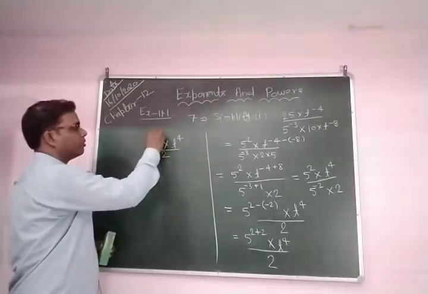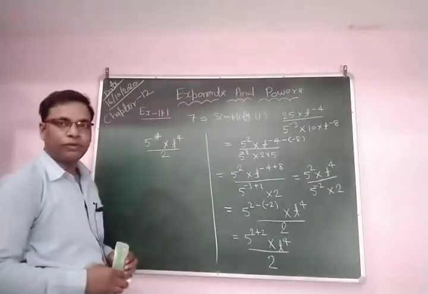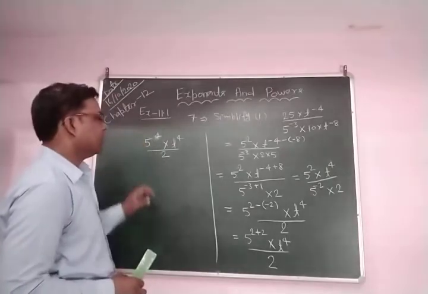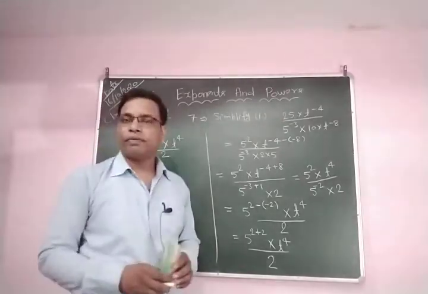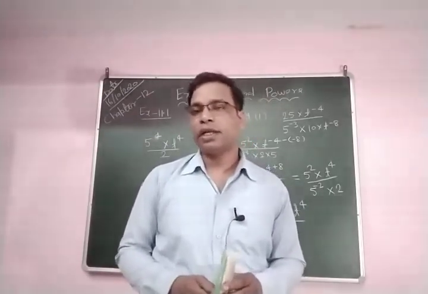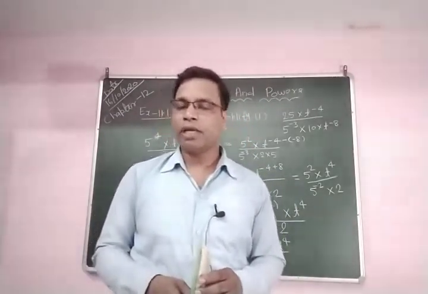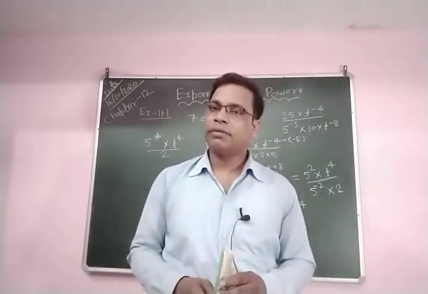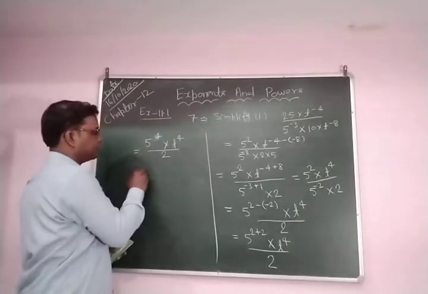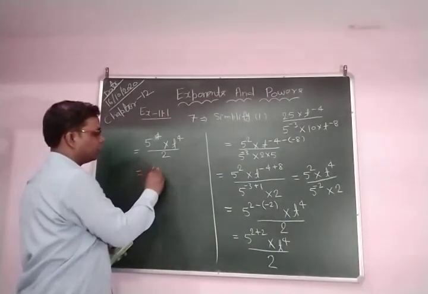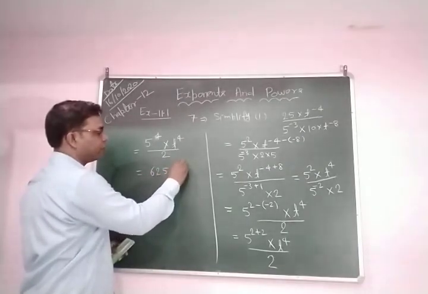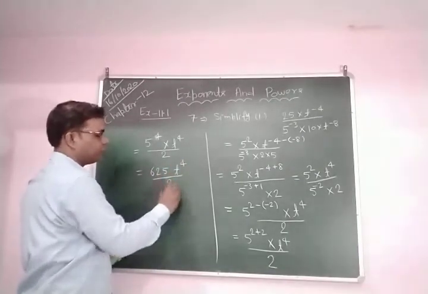Now 5 power 4 means 5 into 5 into 5 into 5, four times. So 5 into 5 is 25, again 25 into 5 is 125, and again 125 into 5 is 625. So you can write here 625 into t power 4 divided by 2.